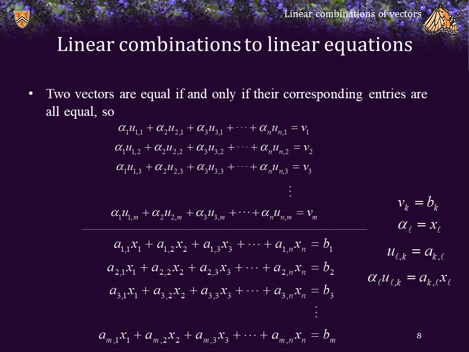So, yes, the question of finding a linear combination of n vectors equaling a target vector all in R to the m is equivalent to solving a system of m linear equations in n unknowns.